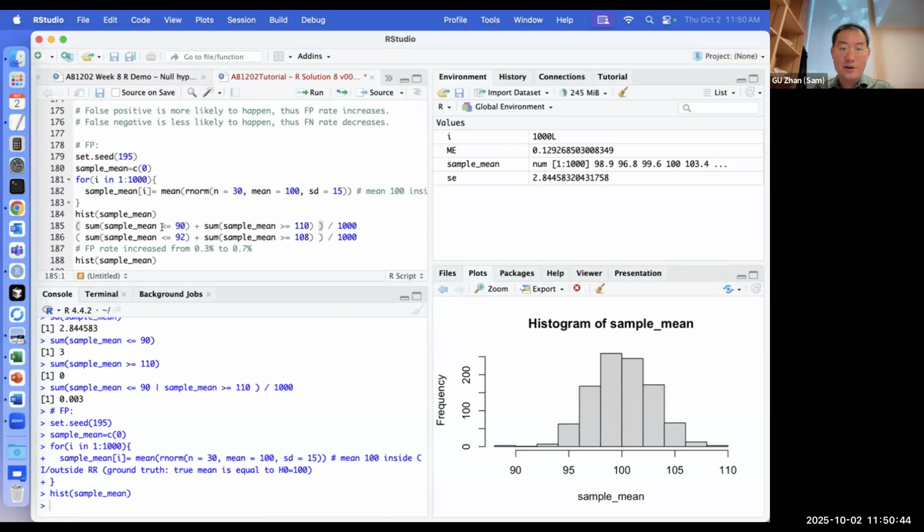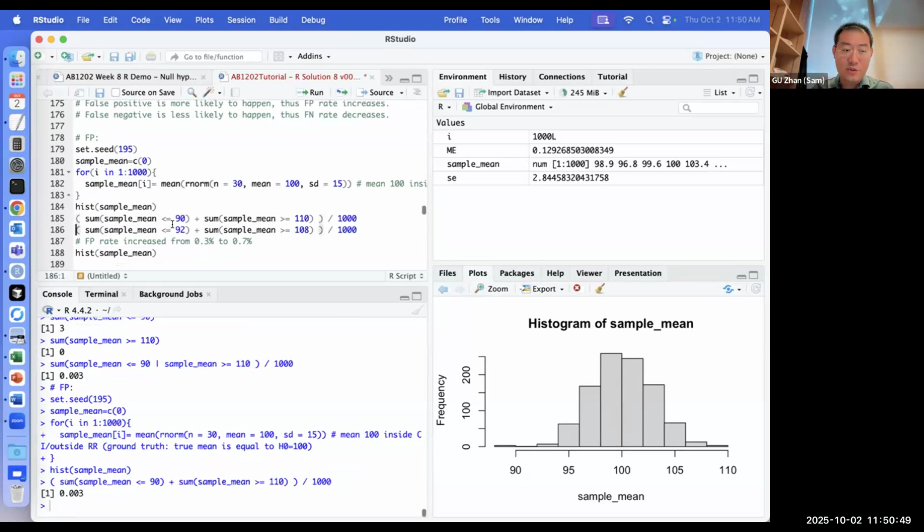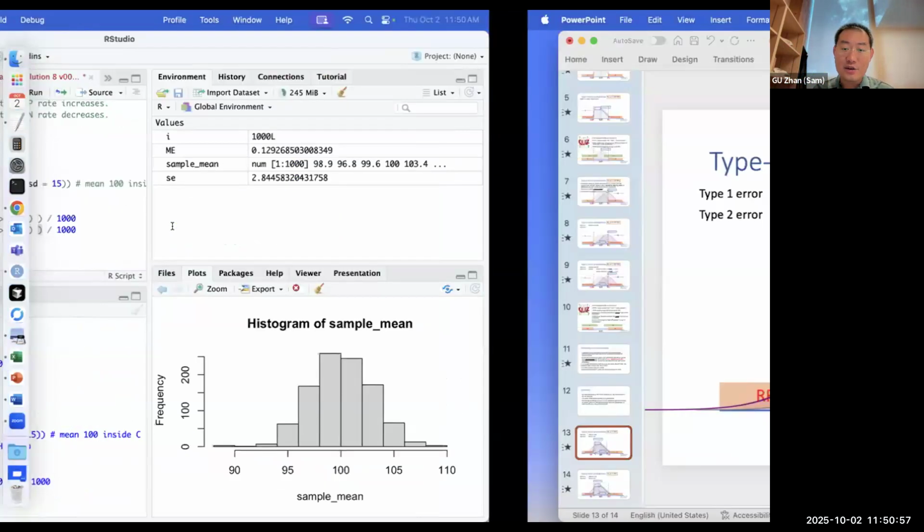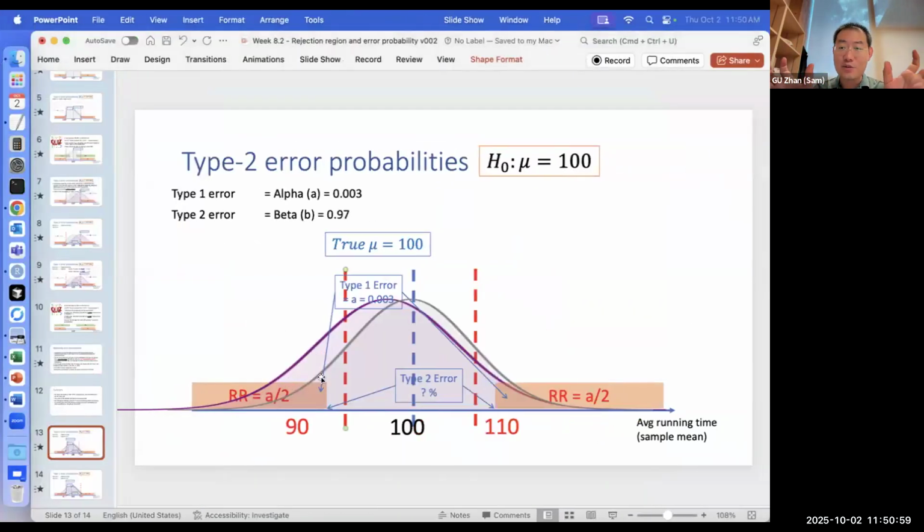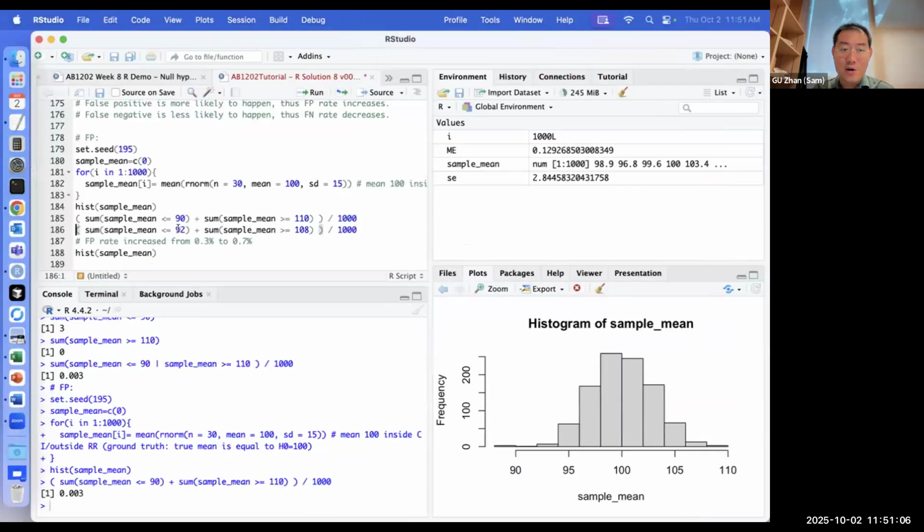Now, earlier we calculated that if the rejection region is 90 to 110, we get 0.003 type 1 error. Now let's say I make the rejection zone larger, 92 to 108. I want to count how many sample means are now lesser than 92 on the left side of the rejection zone, and how many are in the right tail of the rejection region.